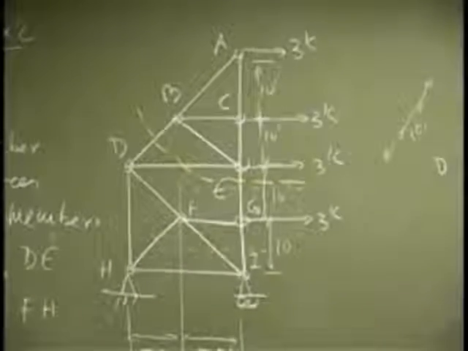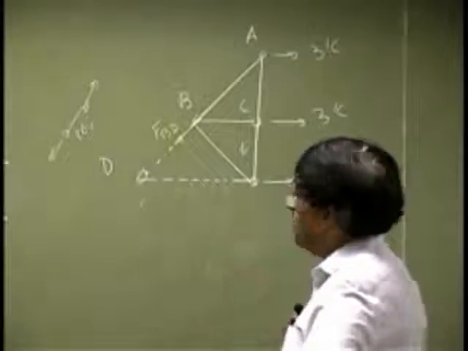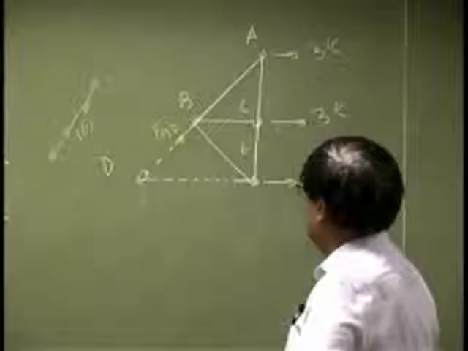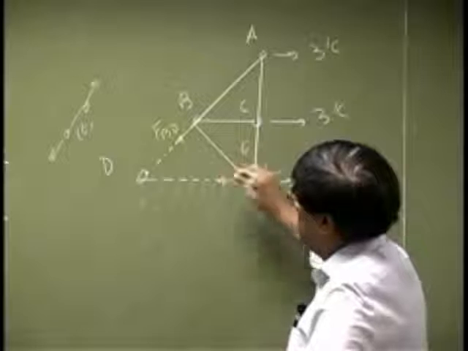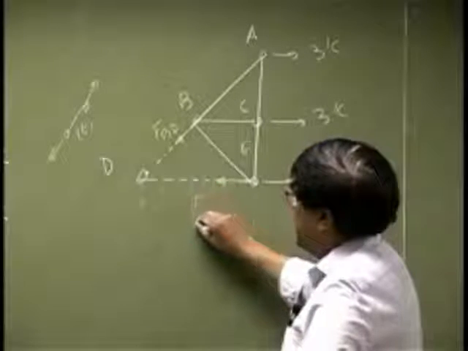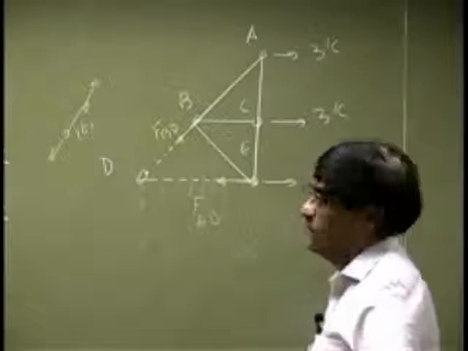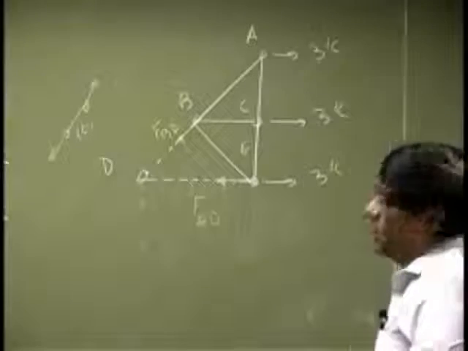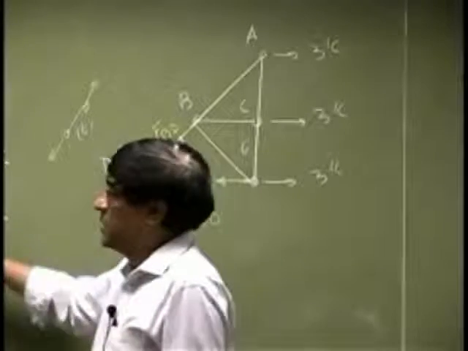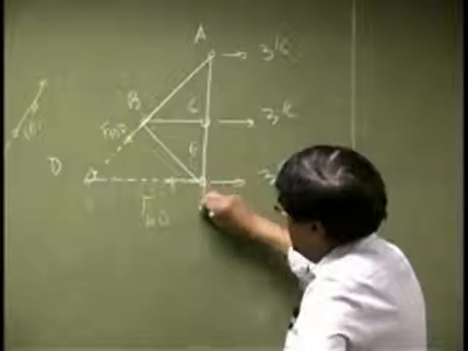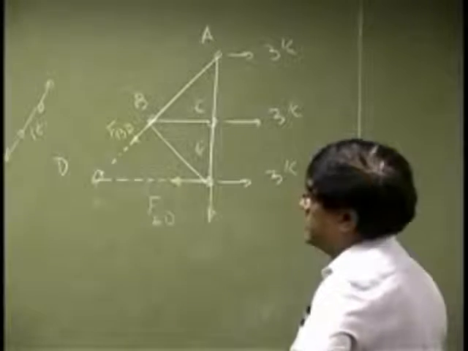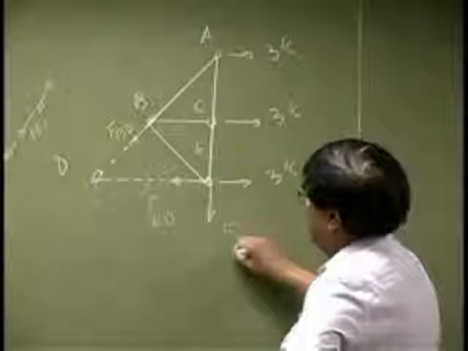That means this member is no longer there either. So at this joint, there will be a force. We call this, let's say, FED. Then this member is also not there anymore. So since there's no member, there will be a force in that direction, and that will be FEG.